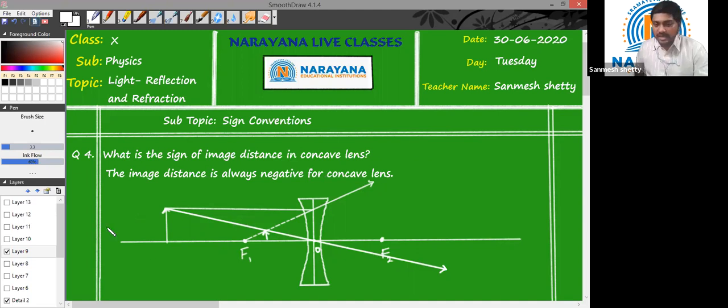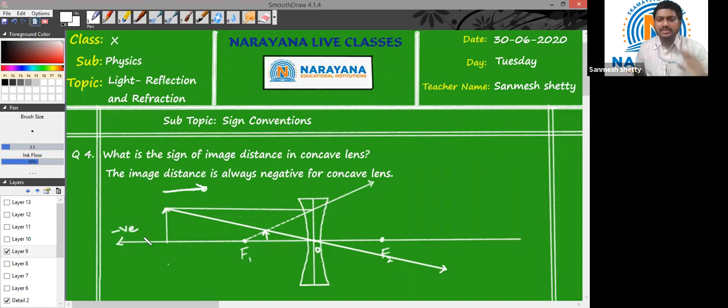No matter where you keep your object, the image will be formed between F1 and O on the same side. And one more thing, the distances on this side of the pole, the left hand side of the pole or the optical center, are always taken as negative, because the light rays are originating from the object towards the pole.